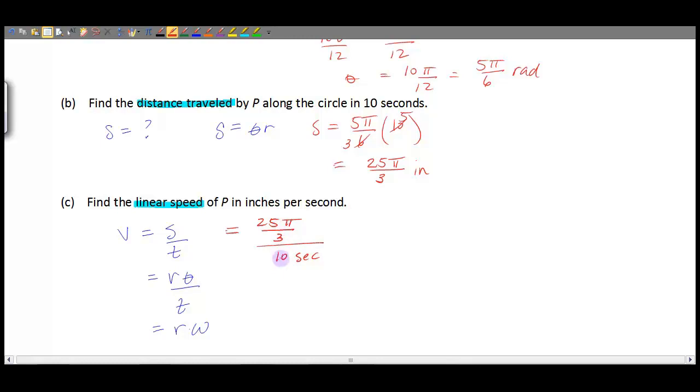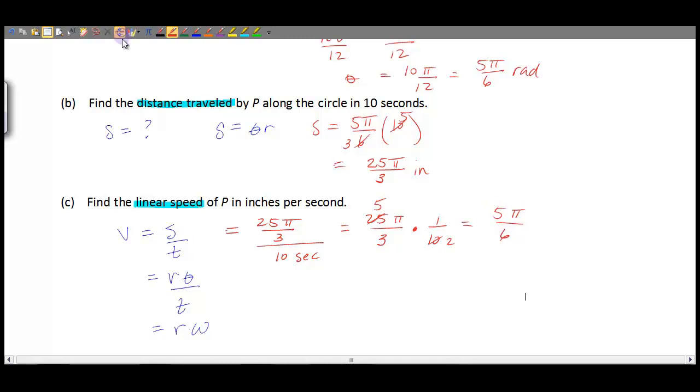When I divide fractions, I keep the first number, change the sign to multiplication, and flip the second number. The reciprocal of 10 is 1 over 10. Now we have two fractions we can multiply together. The 10 and the 25 are going to reduce because 5 goes into both of those. So my answer should be 5 pi over 6.